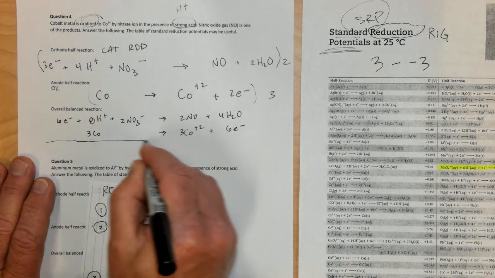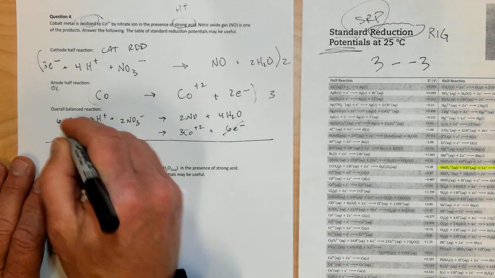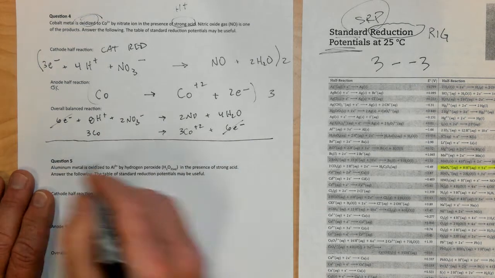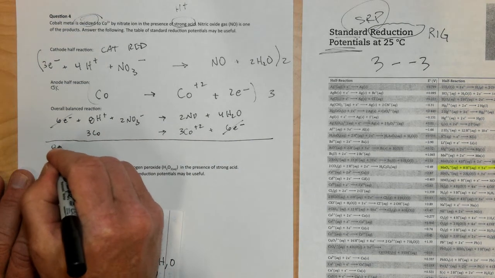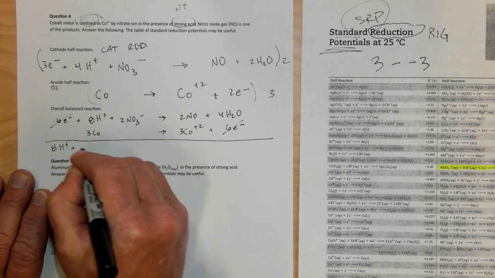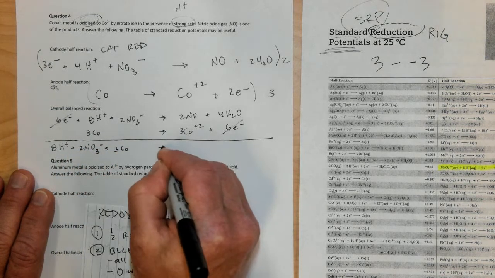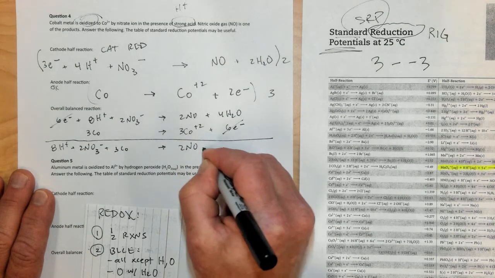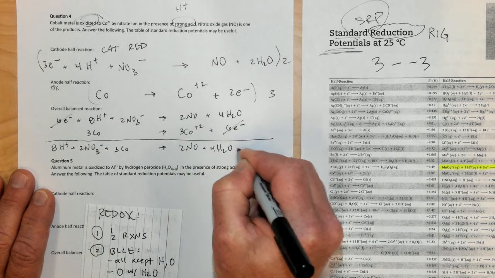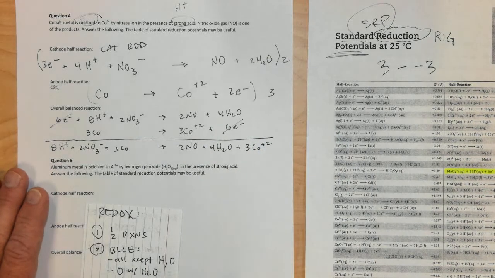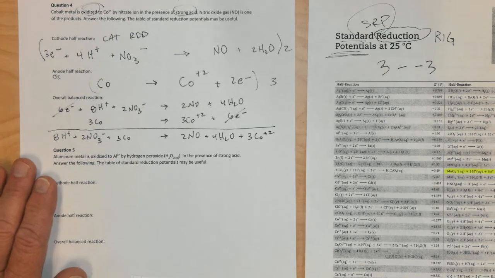And now to get the total reaction, I'd notice that my 6 electrons would cancel right here, and everything else would end up being on both sides of the reaction. So 8 H pluses plus 2 NO3 minuses plus 3 Cos, arrow, 2 NOs plus 4 H2Os plus 3 Co positive 2s right here. And that would give me my overall balanced redox reaction.